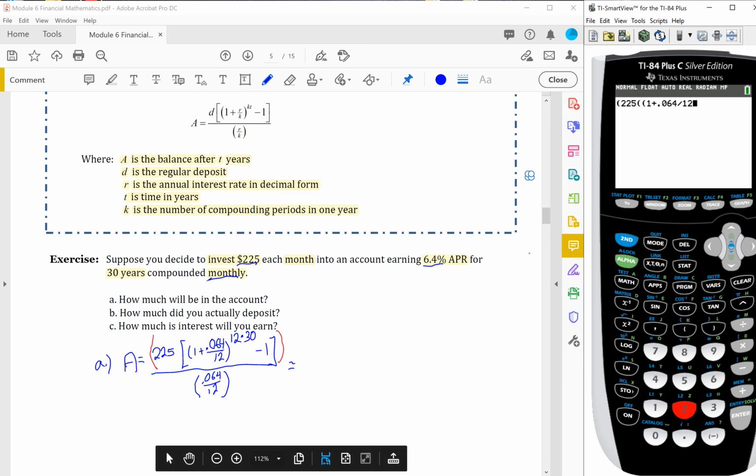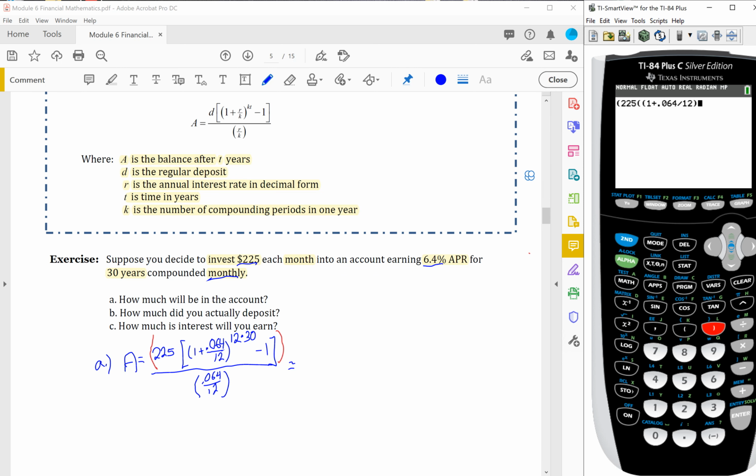Now I need a parenthesis that ends this one after the 12, raised to this exponent, which I use the caret key. Now, everyone's calculator works differently. My calculator clearly shows me the exponent is an exponent. However, if yours does not, you may also need a pair of parentheses here to group your exponent, and then a parenthesis to close off the exponent.